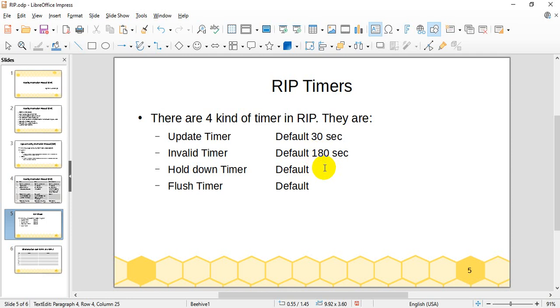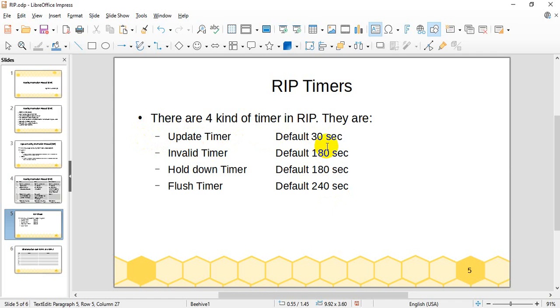And the hold down timer will take 180 seconds. Both the invalid timer and hold down timer will take 180 seconds. As for flush, it will take 240 seconds. This is the default value, okay.